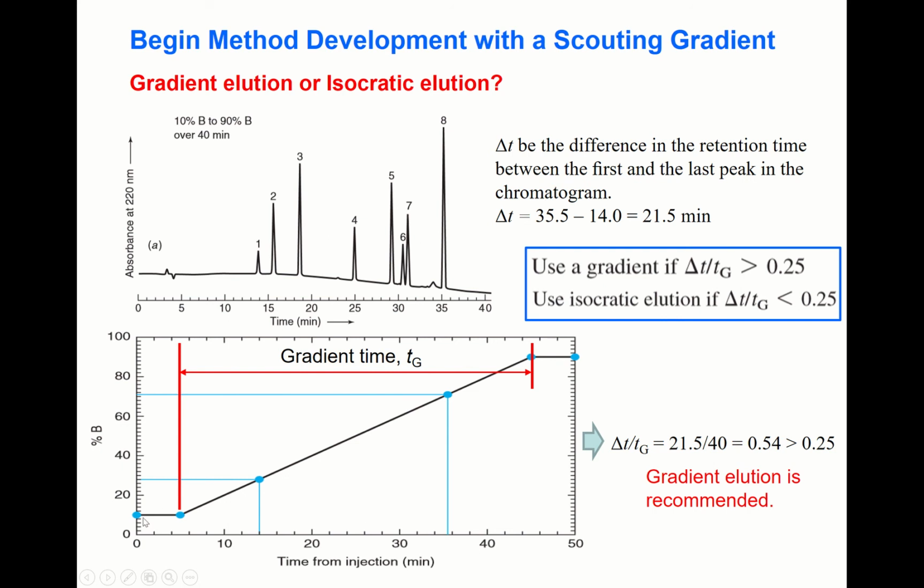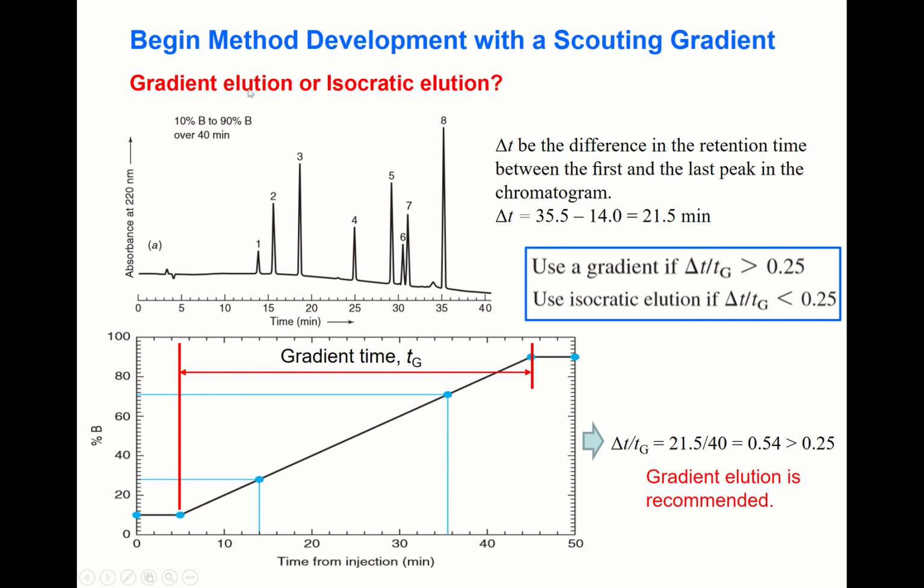So at 5 minutes you start with 10% B, and then linearly increase up to 90%, and you obtained this chromatogram.